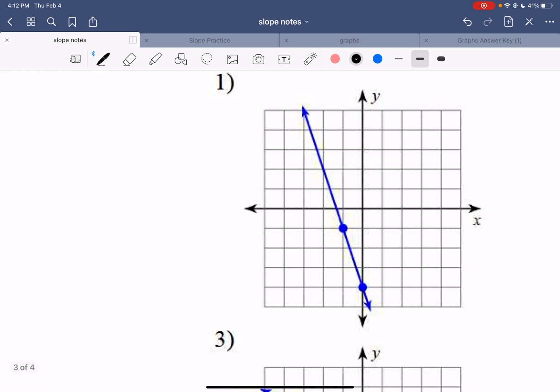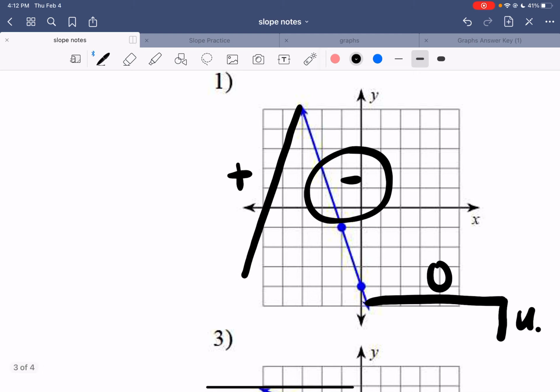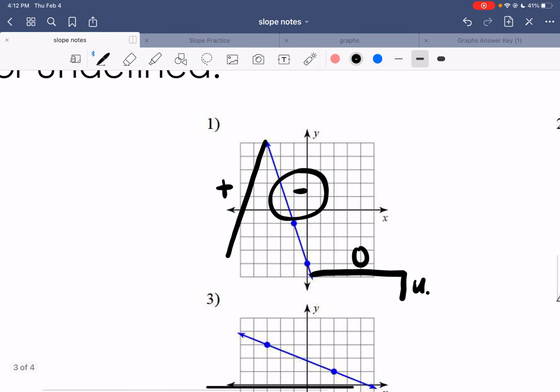So something I like to do, and maybe this doesn't help you, so forget it if it doesn't help you, I'm going to kind of just extend the points of the graph. So I know that that was my slope dude, positive, negative, 0, and undefined. So I know that it's this one. I just kind of redrew the slope dude, and then I identified it right from the beginning. Okay, so it's a negative.